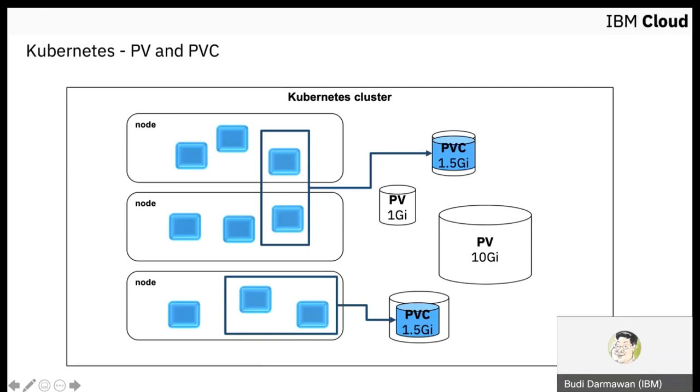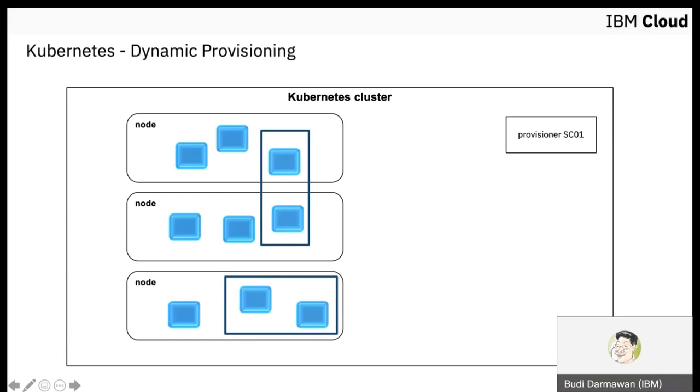This also does not scale, because every time you need a claim, you have to create a PV first, or you have to pre-create a lot of PVs, and there is wasted storage. As you can see, the PV size is not exactly the same as the PVC. So then we come to something like storage classes.